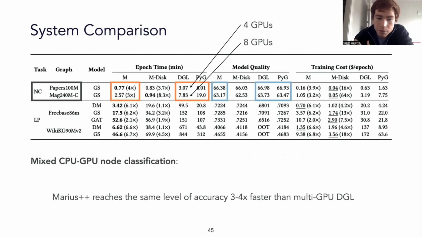But looking at the orange squares, we can see that Marius++ reaches this level of accuracy 3 to 4x faster than the fastest baseline, which is DGL in this case, even though DGL is using multiple GPUs and Marius++ is not. And as we've shown in the first part of this talk, the key reason for this improved performance is the faster mini-batch preparation and processing in Marius++, in part because we minimize redundant sampling in multi-hop graph neighborhoods using the dense data structure.